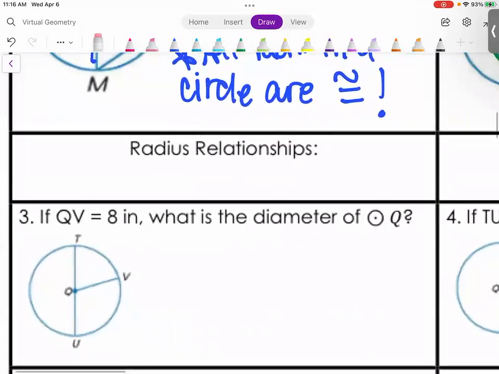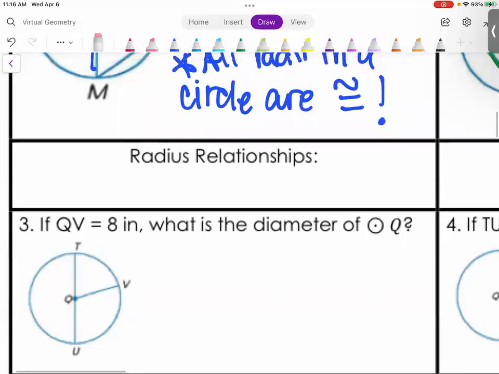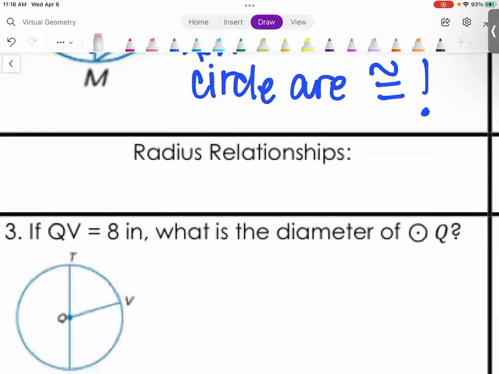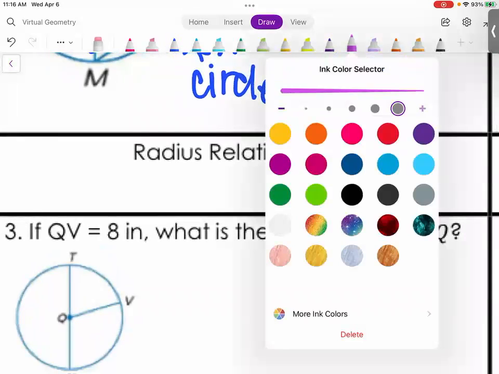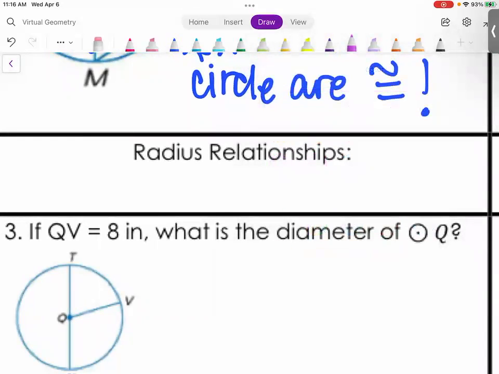All right, so now that we've kind of talked about some of our parts, let's look at how we can use those radius segments and diameter segments to work through some problems. So some of the radius relationships that we've already seen, we know that the radius is supposed to be half of my diameter.